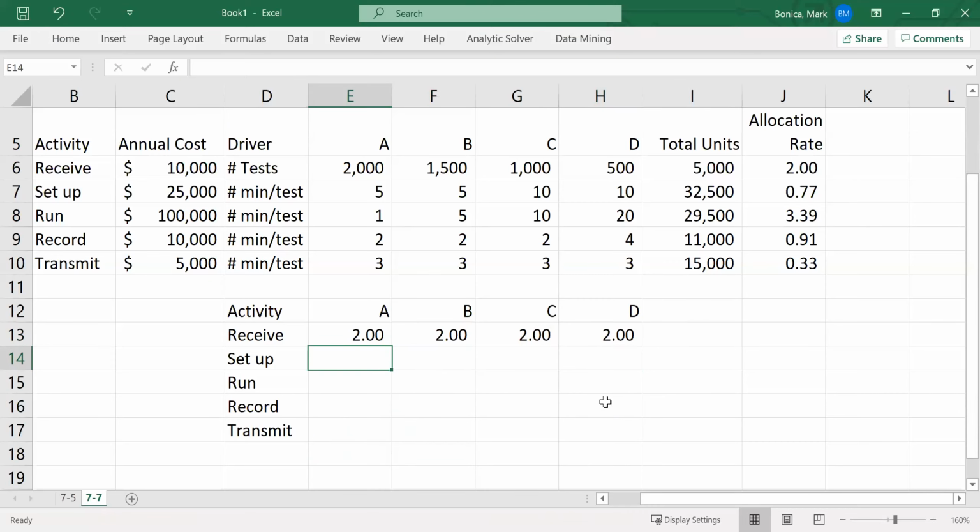Now where it starts to get different is we have different numbers of minutes to set up each of these tests. So to set up test A, it takes 5 minutes, right? We can go back up here and see test A, it takes 5 minutes. So we're going to say 5 minutes of setup times the allocation rate per minute for setup is 77 cents. So 5 times 77 cents gives us 385.